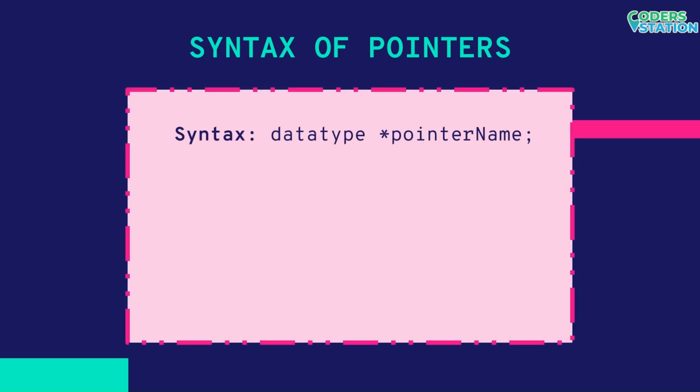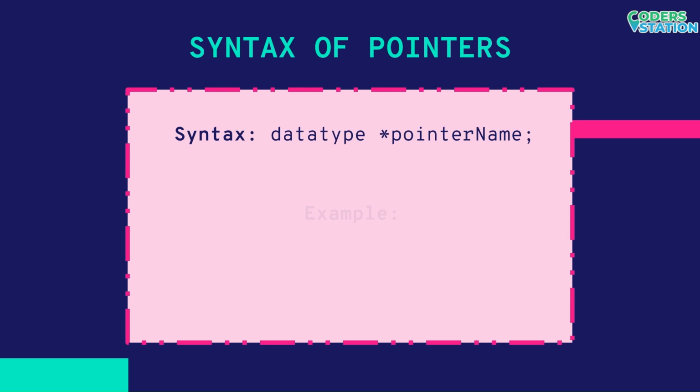The syntax of a pointer is first the data type, and then we write an asterisk followed by the pointer name. The asterisk is very important because if you don't put an asterisk, it will be a common variable. If you want a special variable, you need to put an asterisk before the name of the variable, and it will become a pointer.